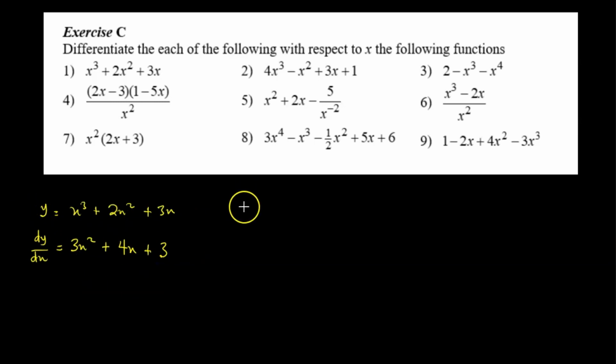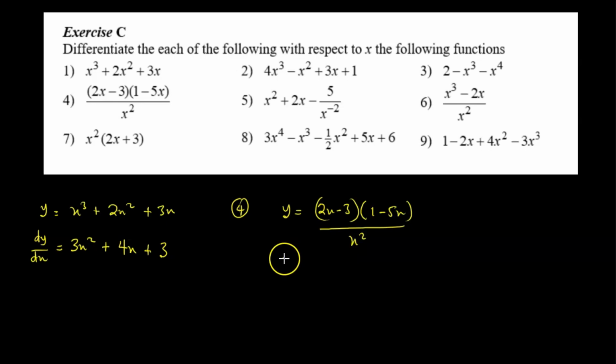If we consider question number 4, let's take number 4. So y equal to (2x minus 3) multiplied by (1 minus 5x), all divided by x squared. To find dy/dx, before I do that, as I said, I have to write it in a very simple way.